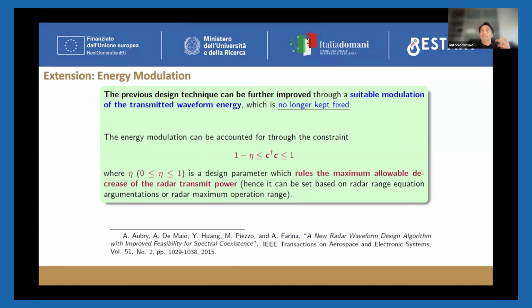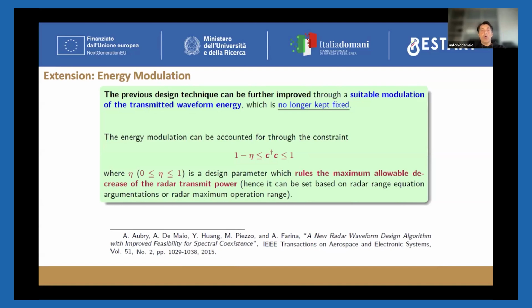I mean, it is possible to trade off radar surveillance coverage with the desired radar waveform features while fulfilling the spectral coexistence. This extension, this new algorithm, is able to handle more stringent spectral constraints where the previous technique cannot be applied because of the incompatibility of the maximum transmit energy condition with the feasibility of the optimization problem.